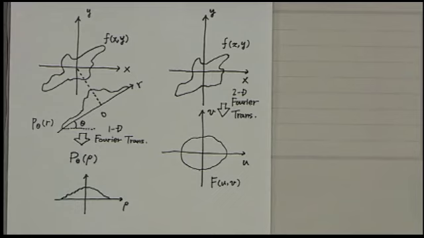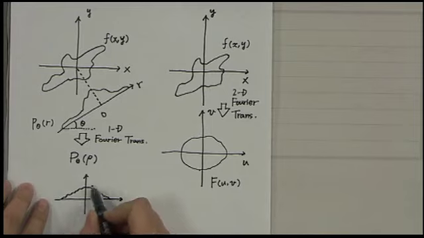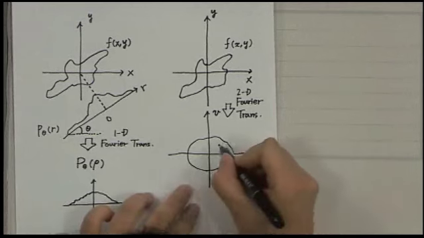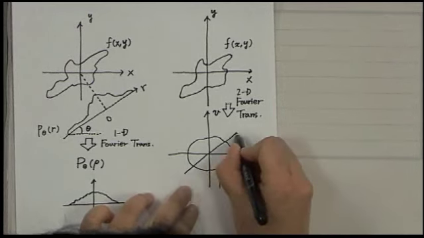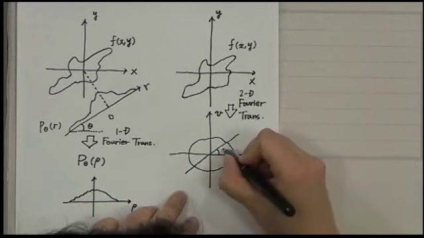And the Fourier Slice Theorem tells us that these values exactly match the values on the line here, the line with angle theta.